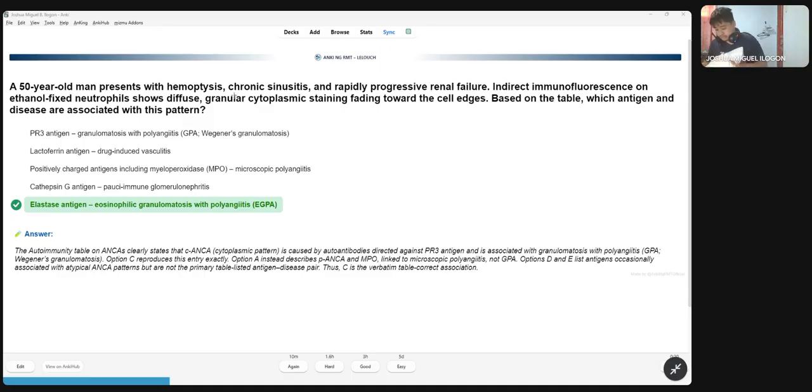Okay. Why did I not read about this? Okay, last test antigen, EGP.